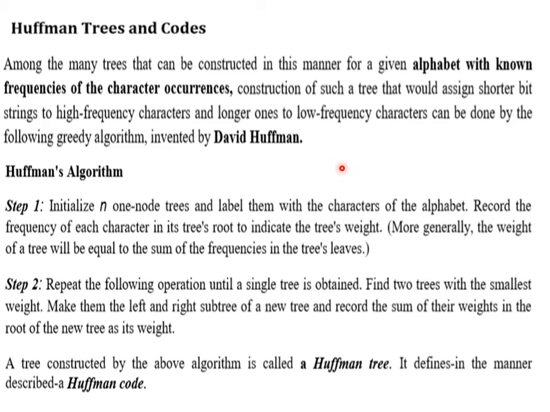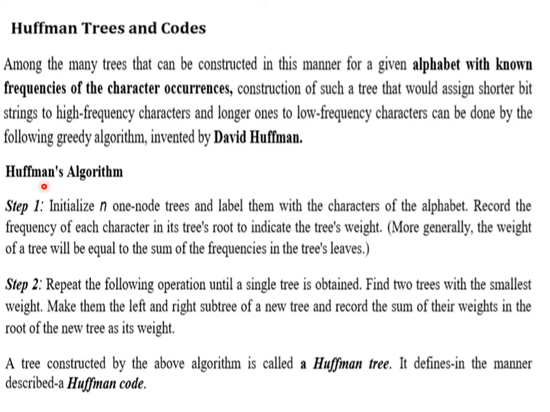The idea behind his algorithm is to assign shorter bit strings to high frequency characters and longer bit strings to low frequency characters. So this is the idea behind the Huffman algorithm.